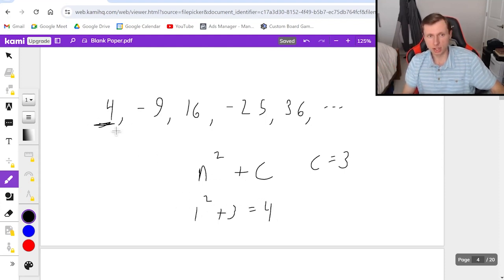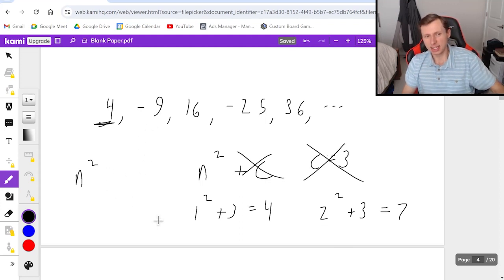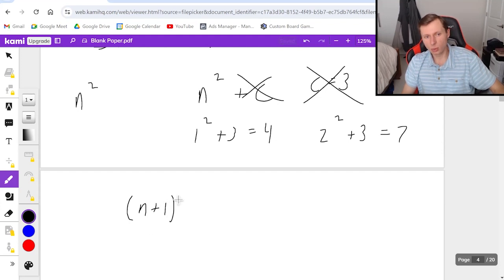My first term is good, but my very next term, the -9, forget the negative for a second, I'll deal with that later. But 2 squared plus 3 is 4 plus 3, 7, not 9. So in other words, the plus c does not work, but something with the n squared does sound right. The correct answer is that it's quantity n plus 1 squared.